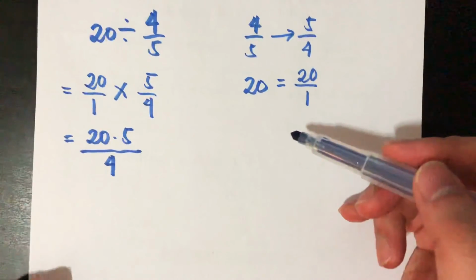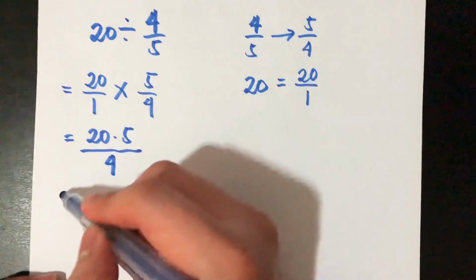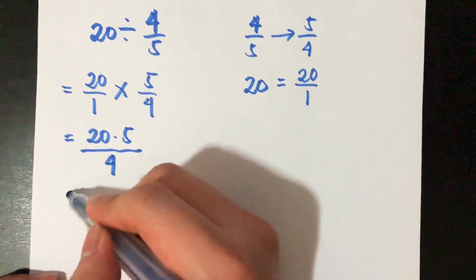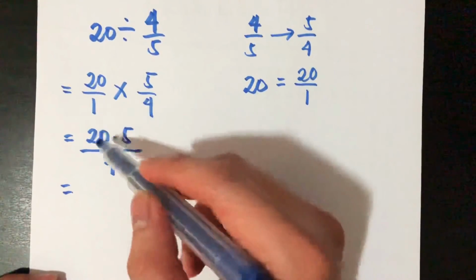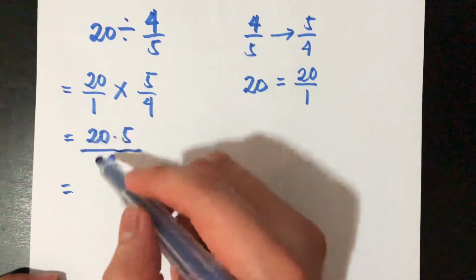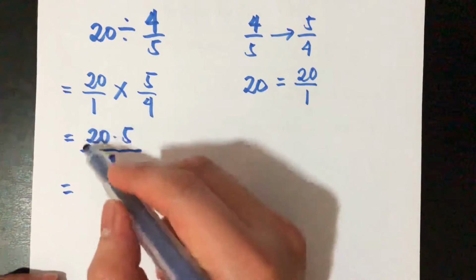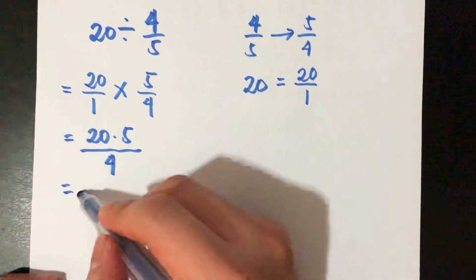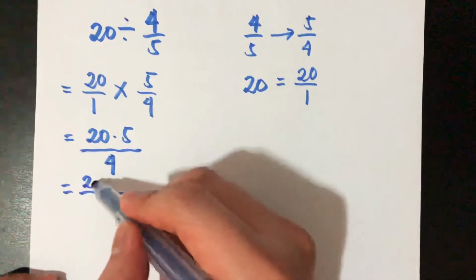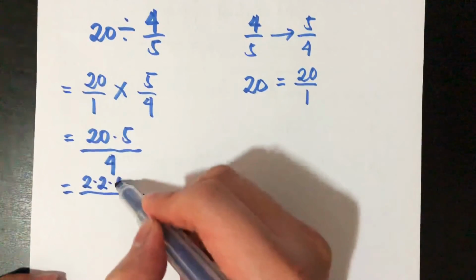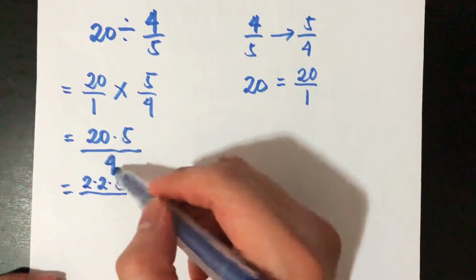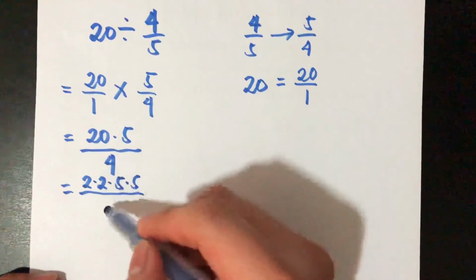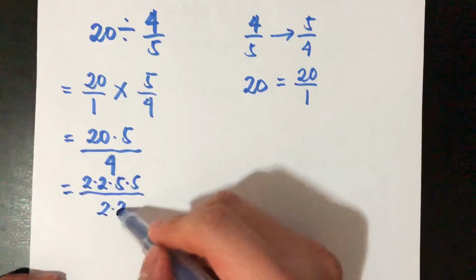The next step is to factor out some numbers. The prime factors of 20 are 2 times 2 times 5, then times 5. And for the denominator, the factors of 4 are 2 times 2.